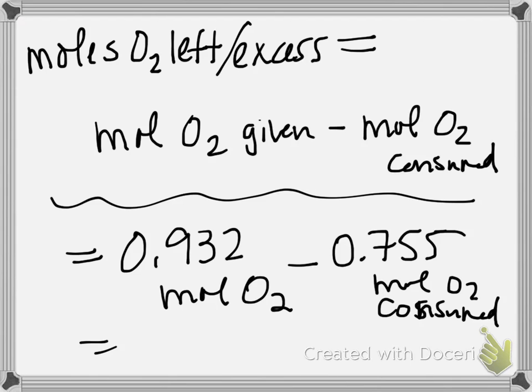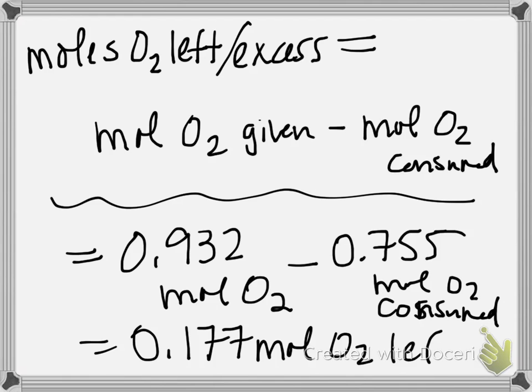So basically, we take the amount that was given, 0.932, we subtract the amount that would have reacted to make that theoretical yield, and we end up getting 0.177 moles of oxygen left, or in excess. So that would be how much was left. Okay?